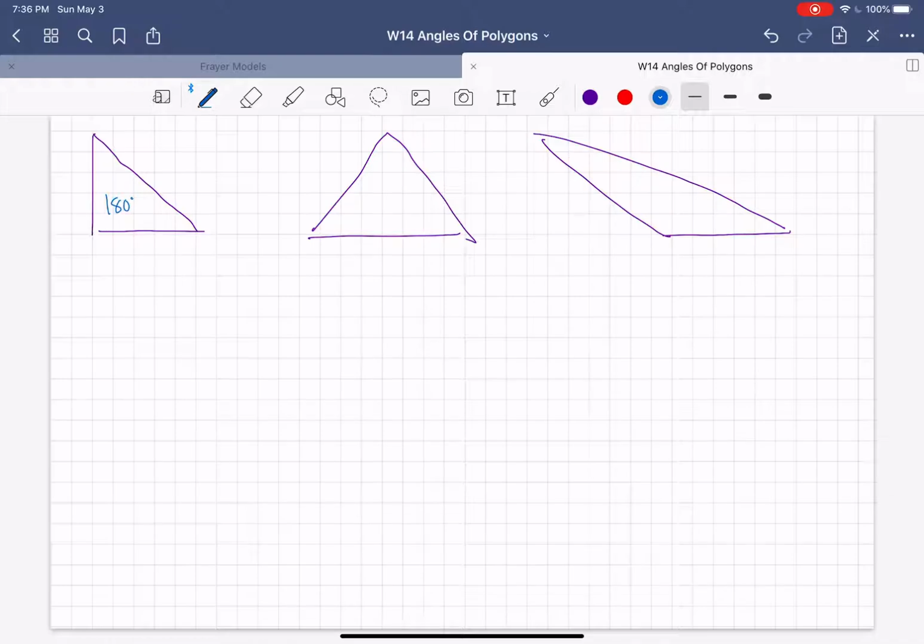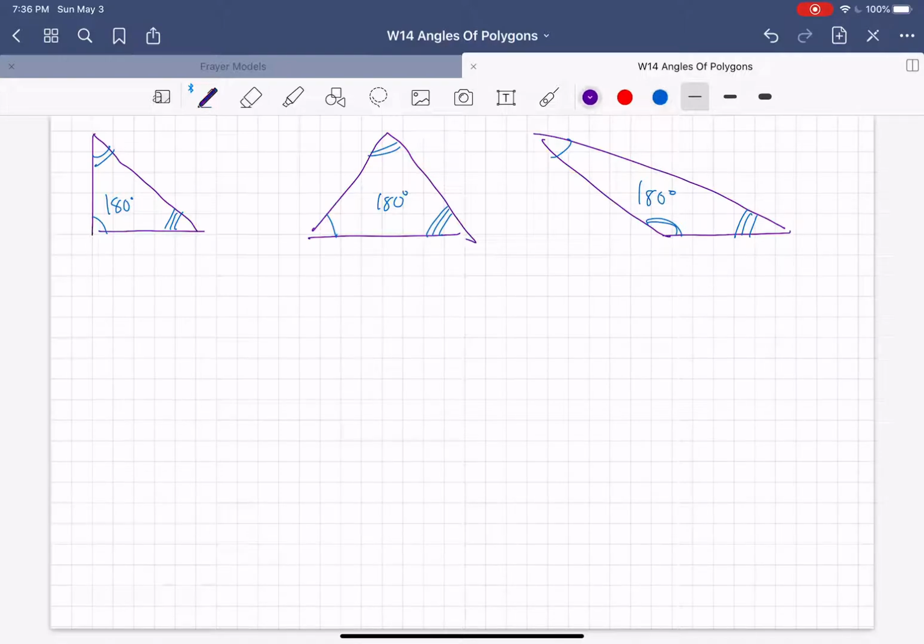It's that all three of their angles, no matter what type of triangle it is, those angles will always add up to 180. We've used that before. We've studied it. We made formulas for it. We then built off of that to find exterior angles.